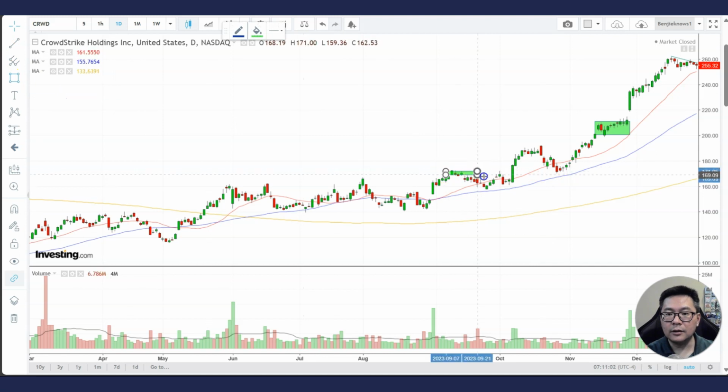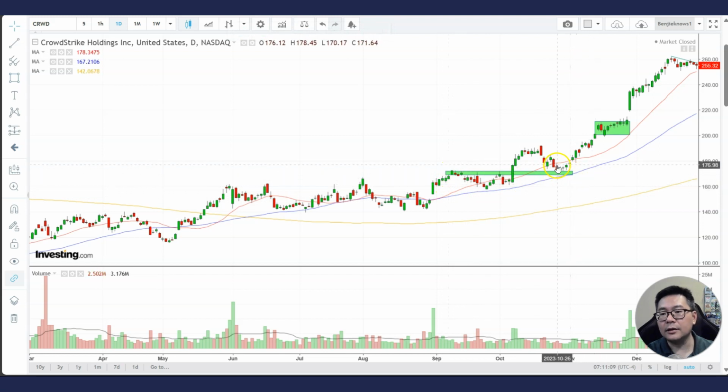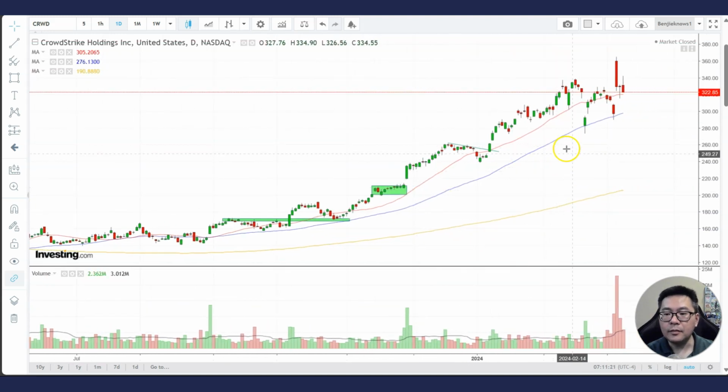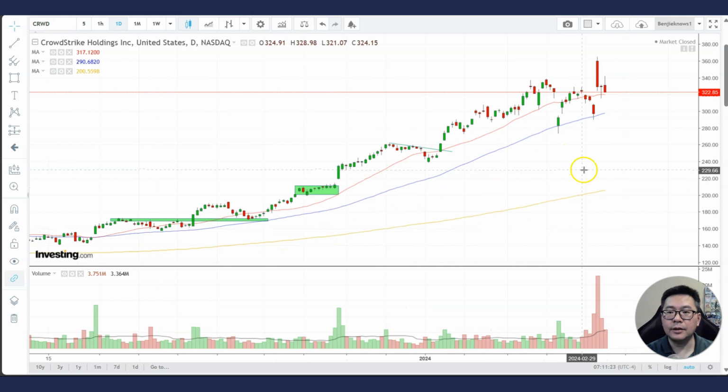This is a previous high support. The old highs is a support area, and it's in between the 20 and 50 MA. So this could be a buy setup as well, as it corrects to a support area and you buy it and ride it higher.